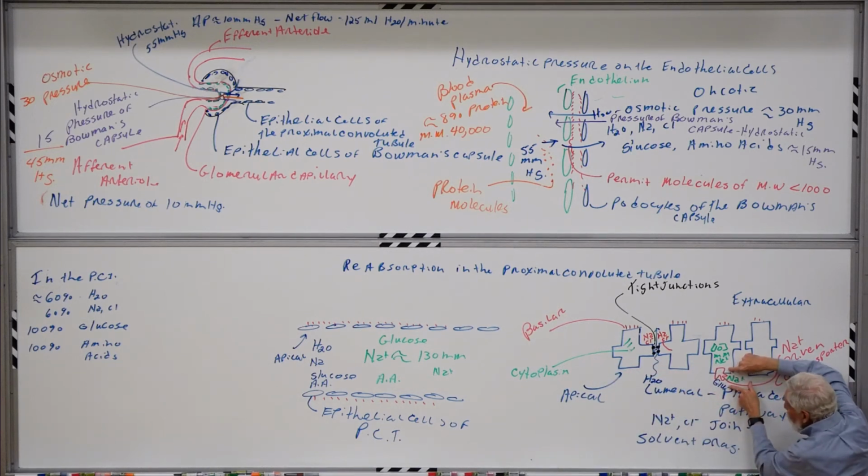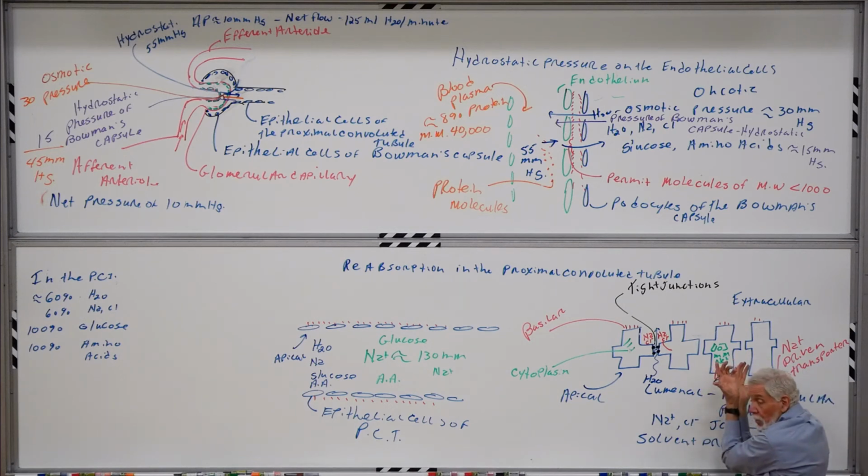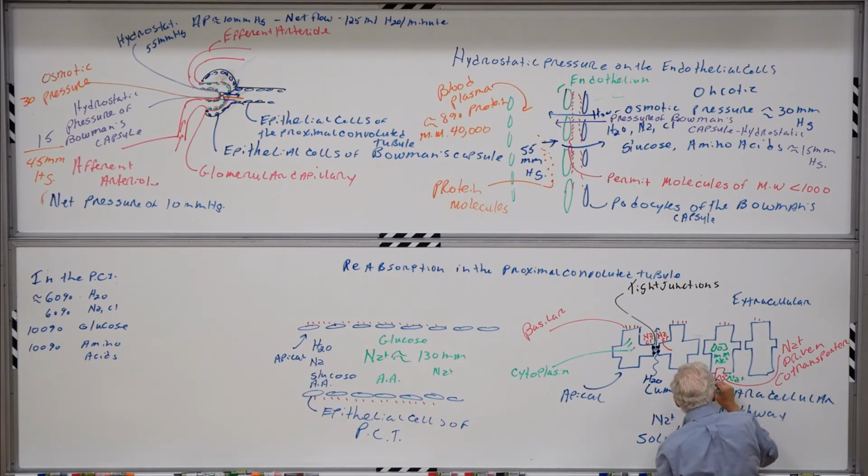Once this transporter has simultaneously bound an ion of sodium and a molecule of glucose, it effectively turns inside out. And when it turns inside out, the sodium moves from the extracellular region into the cell. But along with that sodium goes glucose.